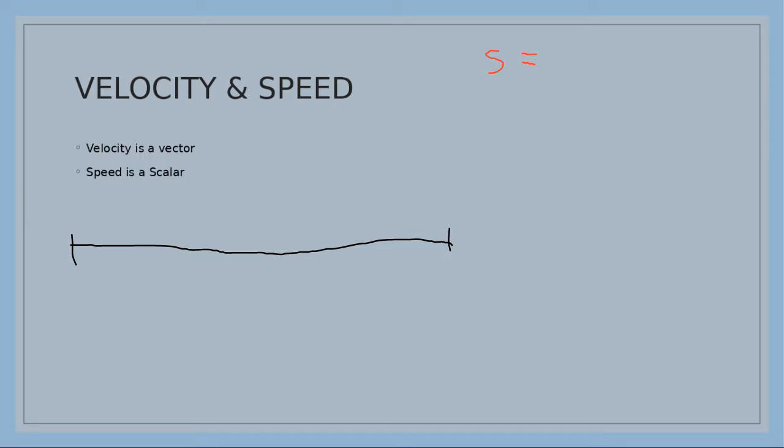S is given by the distance divided by the time, whereas velocity is the displacement over time. I'll write it this way, displacement.